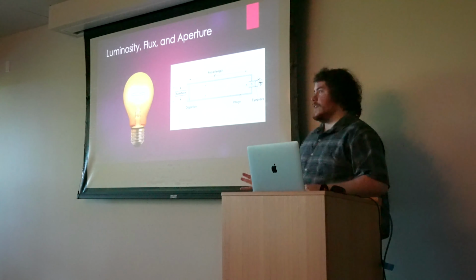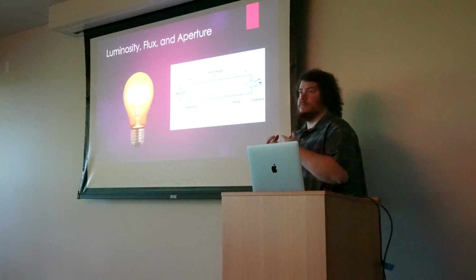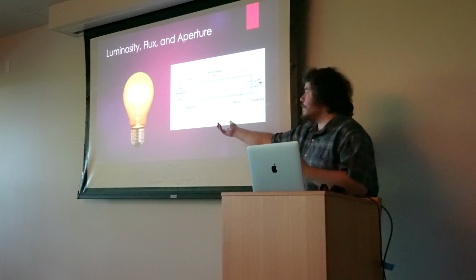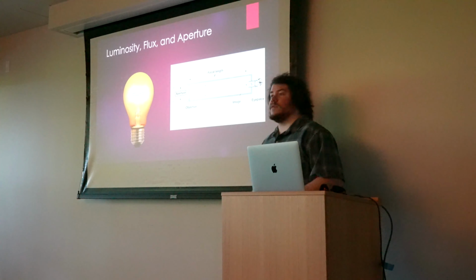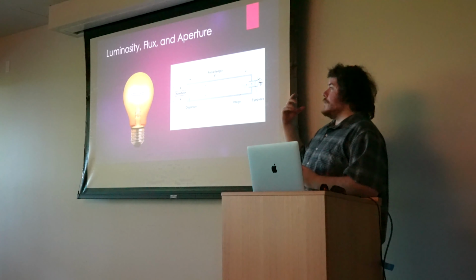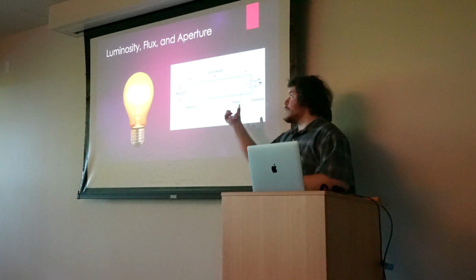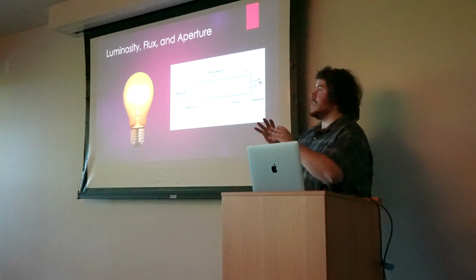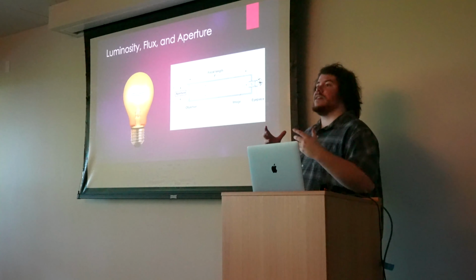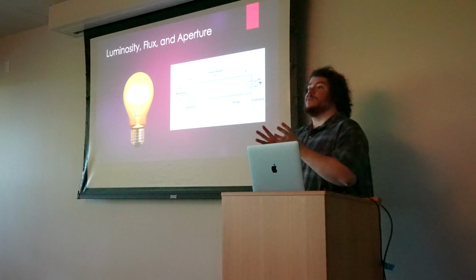So very simply, luminosity is just the amount of light emitted by an object. A 100-watt light bulb will emit roughly 100 watts of light. Then to calculate flux, we actually need to talk about aperture real quick. Aperture is just the largest dimension of the light collecting area of whatever instrument we're talking about.